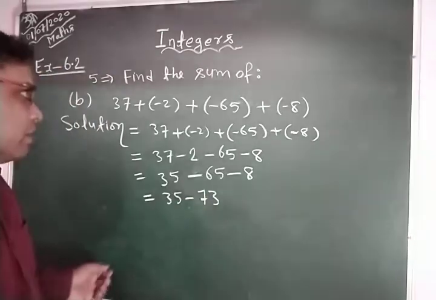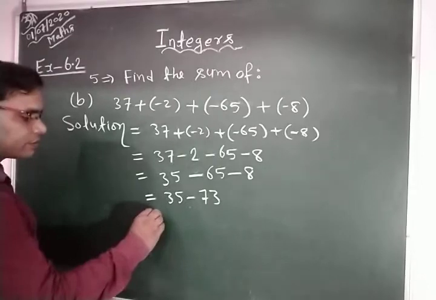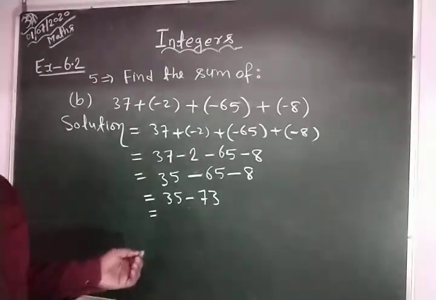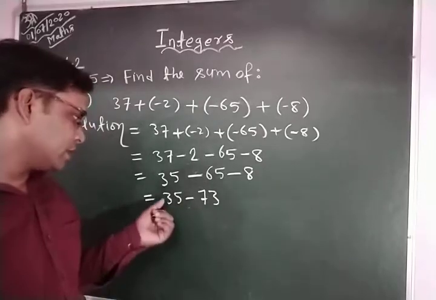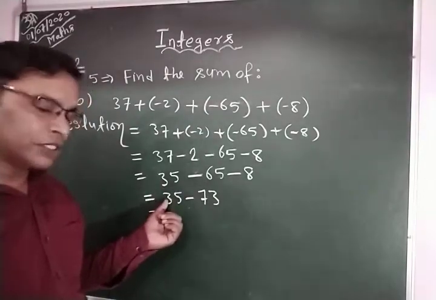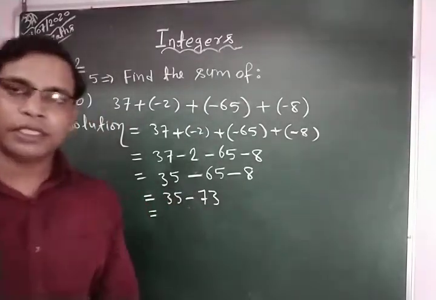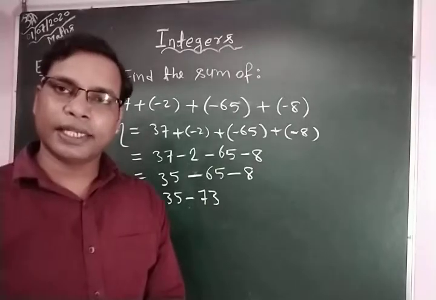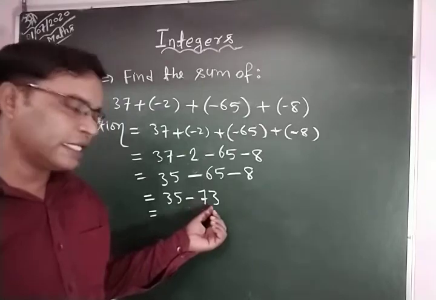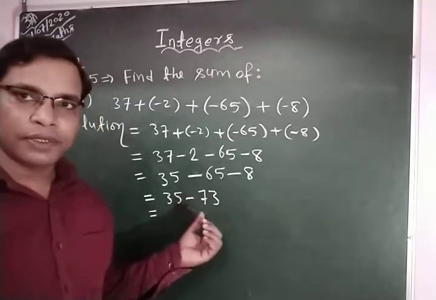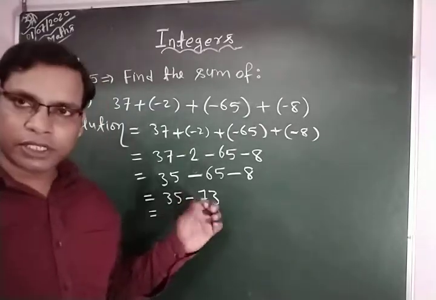Okay, and now here you can see 35 minus 73. The sign of 35 is positive and the sign of 73 is negative. Okay, so you can see here 73 is greater than 35 and one is positive, other is negative.